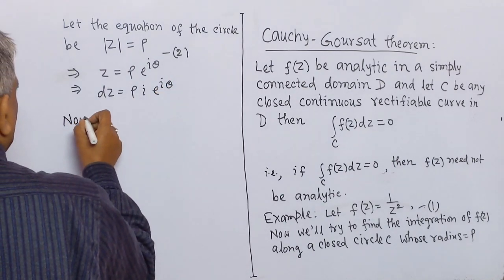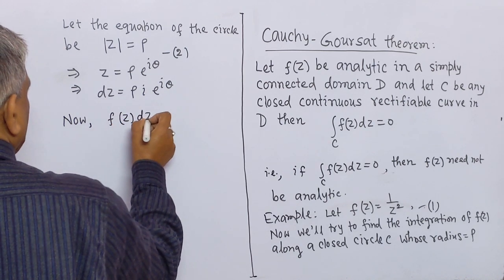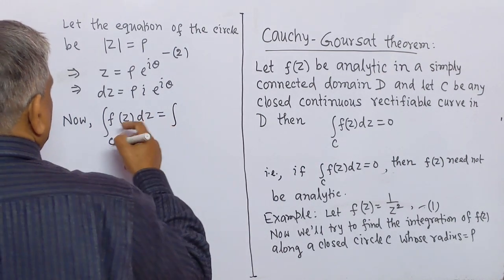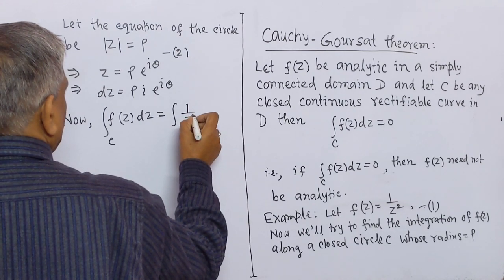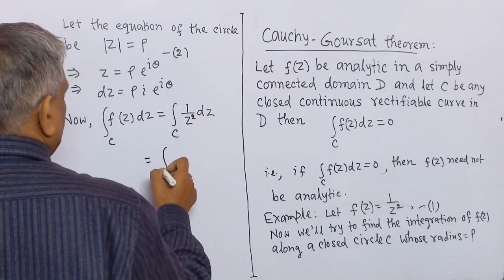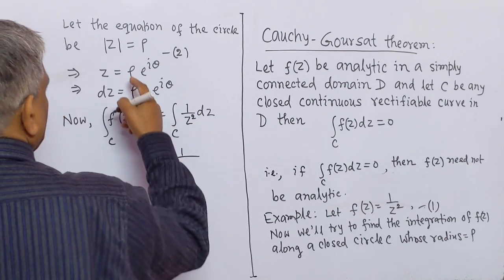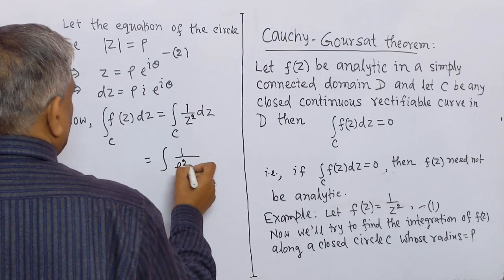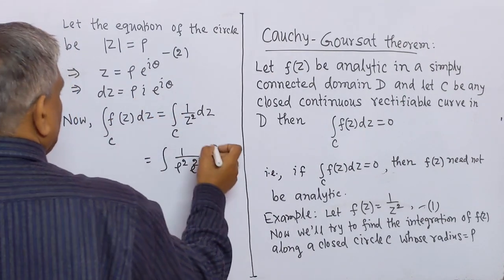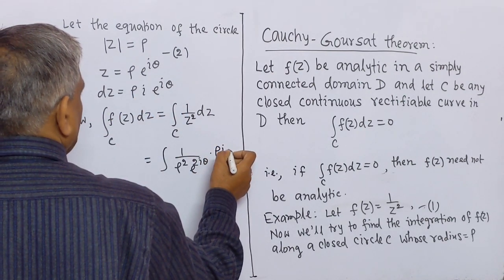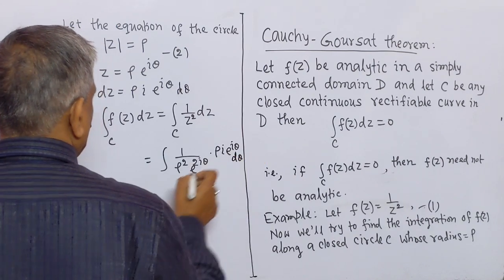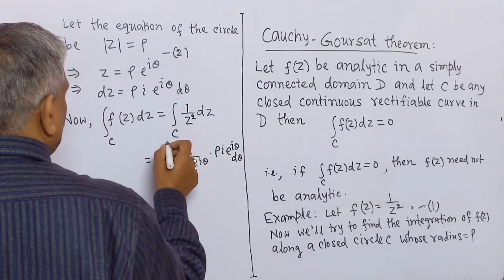Now, the integral of f(z) dz along the circle C equals the integral of 1 by z square dz along the circle C. This will be equal to 1 by z square, meaning rho square e to the power 2 i theta, and dz equals rho i e to the power i theta d theta, and the integration limit is 0 to 2 pi along the circle.